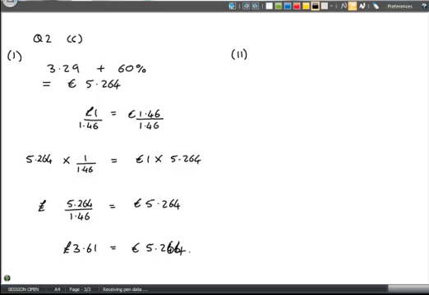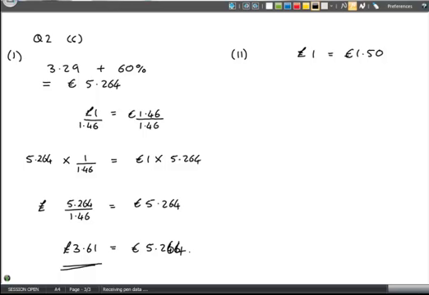We're told that this £3.61 doesn't change. So what we need to do is convert 3.61 back into euros, but instead of using the exchange rate from part 1, we're going to use the new exchange rate. The new exchange rate is that £1 is equal to 1.5 euros.